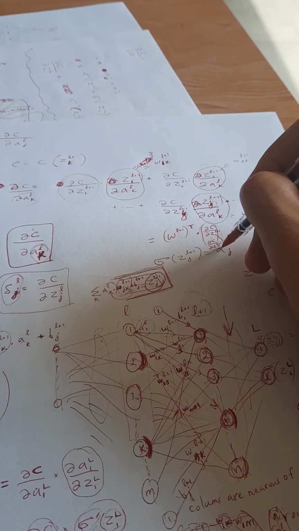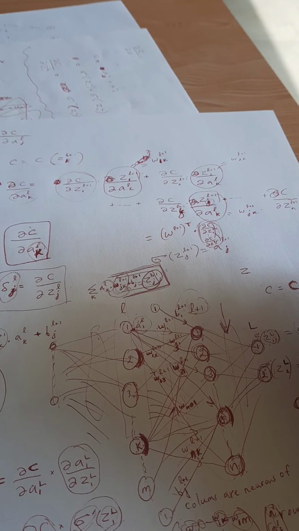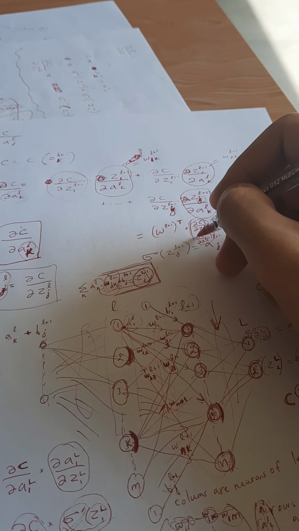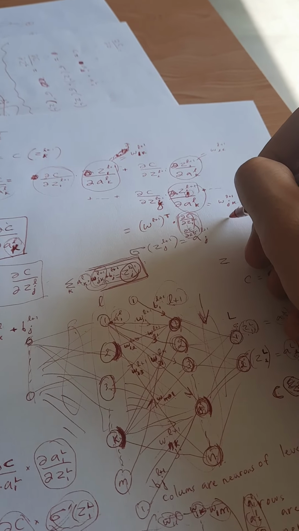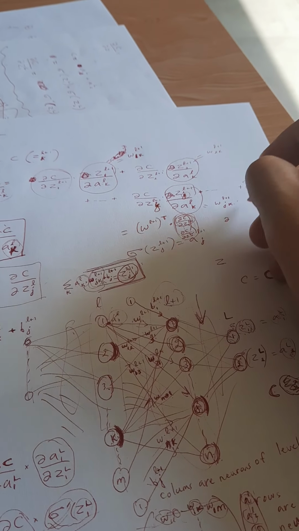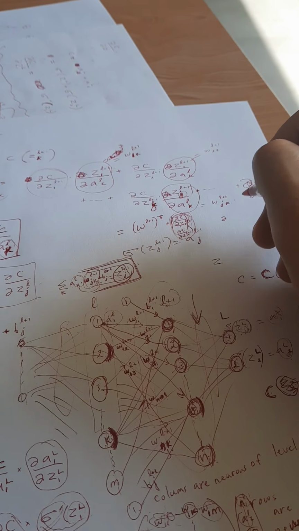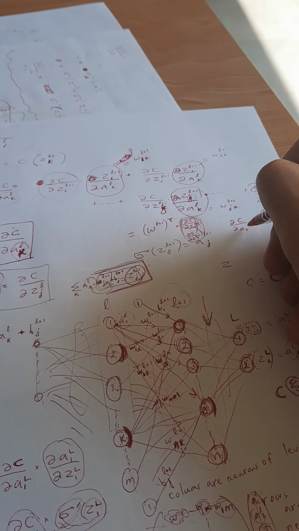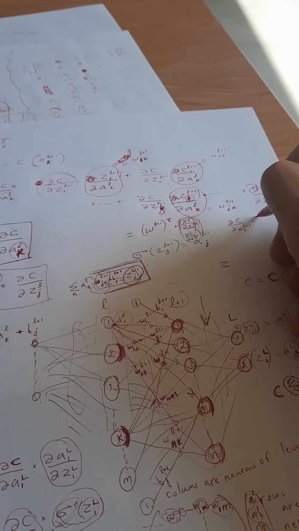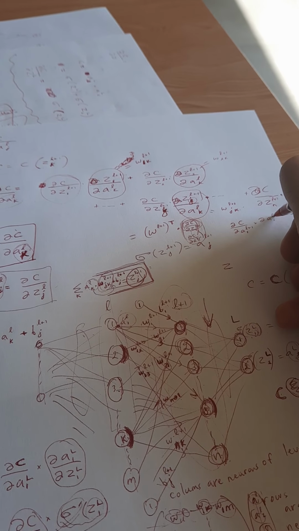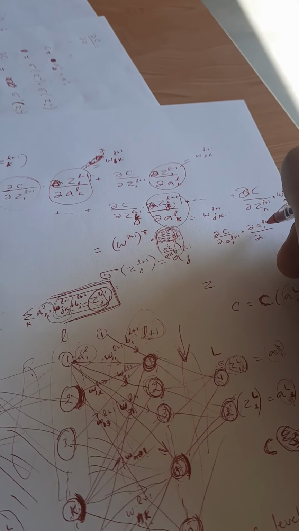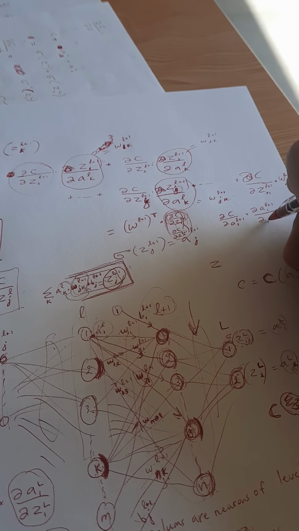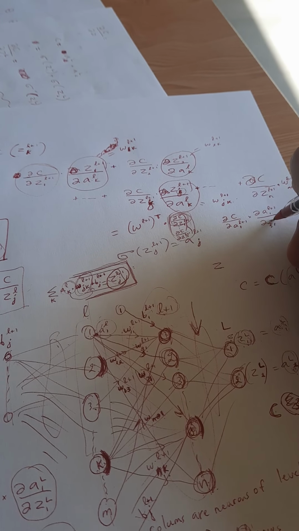Now this vector can be replaced by this. For example, this first value can be replaced by the derivative of C over a1 L plus 1 times sigma prime of z1 L plus 1.